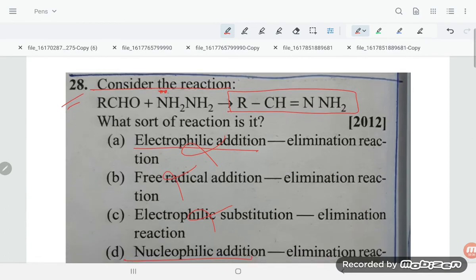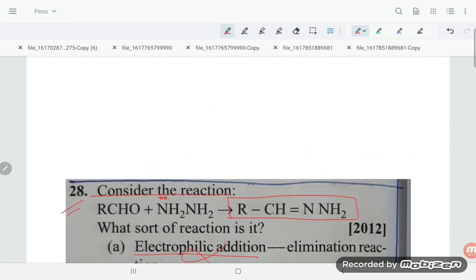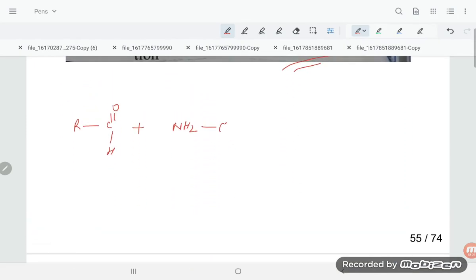Here the compound is RCHO. So I am writing R, C double bond O, and here H will be there, and we are going to attack with NH2, and we have NH2 and NH2 hydrogen, simple. So this is going to attack here, this will be shifting here.